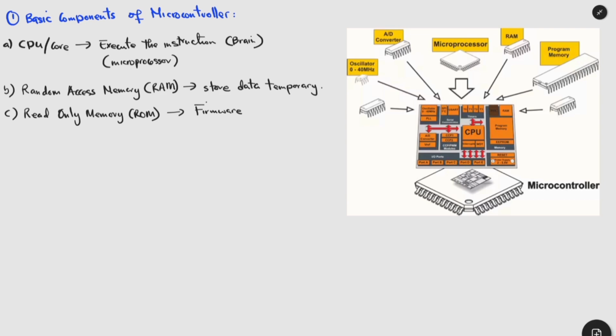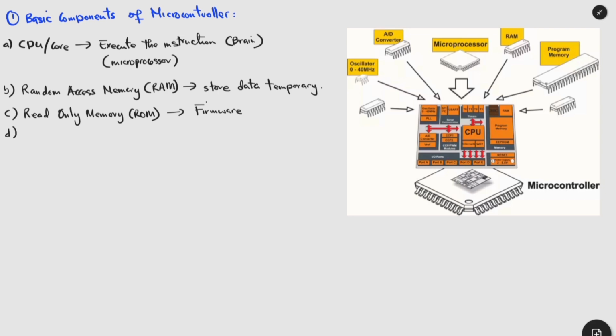Remember, if you have a computer without any operating system installed, and you switch on your computer, you will see a boot mode, and this boot mode contains the firmware, because a read-only memory is a non-volatile memory. That means whether there is power or no power in the circuit, the data that is stored, for example the firmware, won't vanish. Therefore, it is called a non-volatile memory. Therefore, a read-only memory in a microcontroller will store the firmware of the chip.